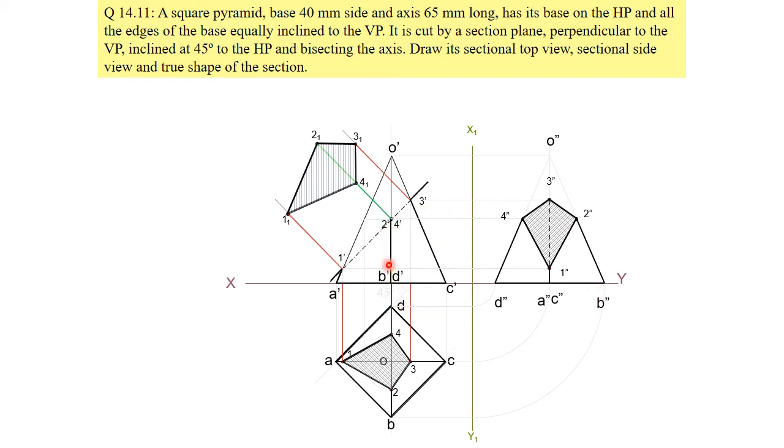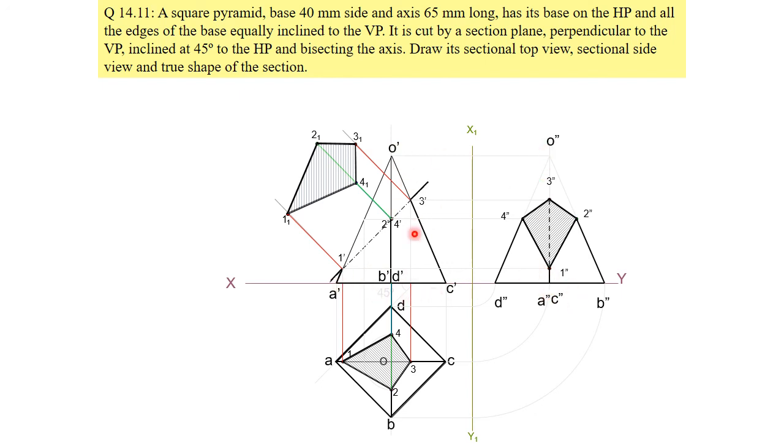And this is the slant edge 2 dash B dash, 4 dash D dash, so this slant D dash O dash is cut over here. Mark this, and the last is 1.